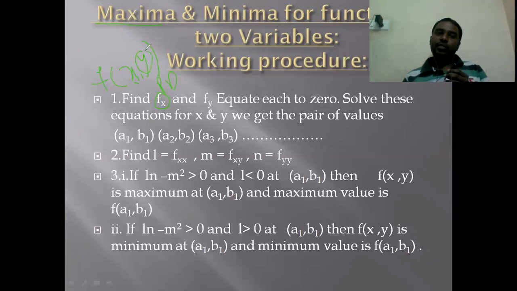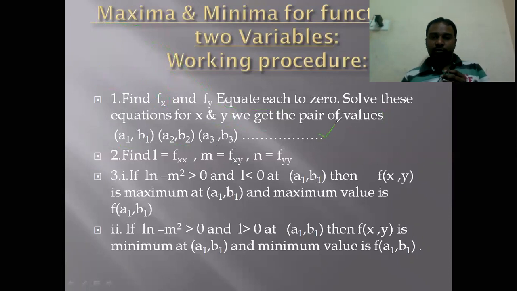Similarly, the same function is differentiated with respect to y, treating x as a constant. So obviously we are going to get two equations. The two equations we equate to 0. Solve those equations. We are going to get pairs of values based on the order of the respective equations. We are going to get all the possible pairs we consider.